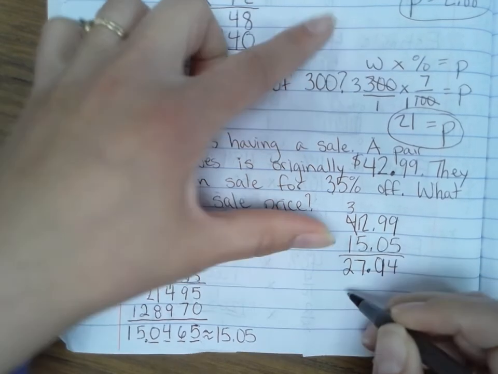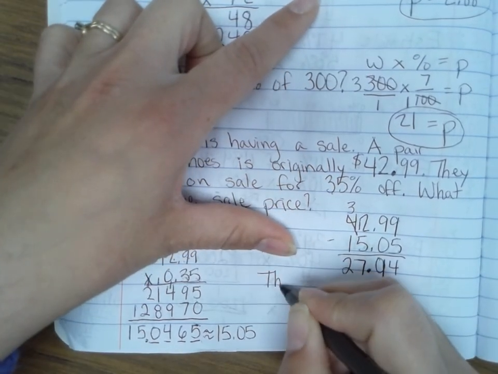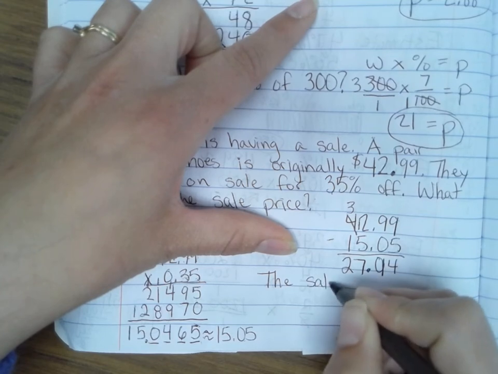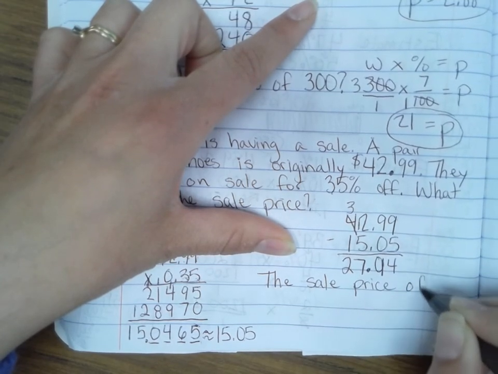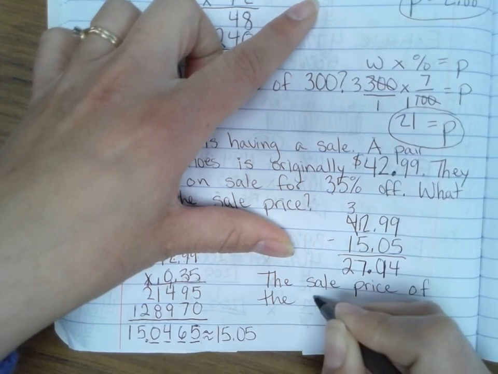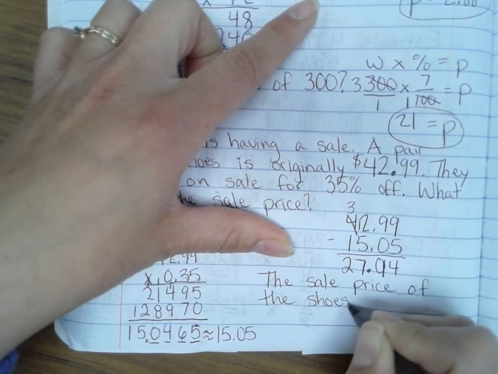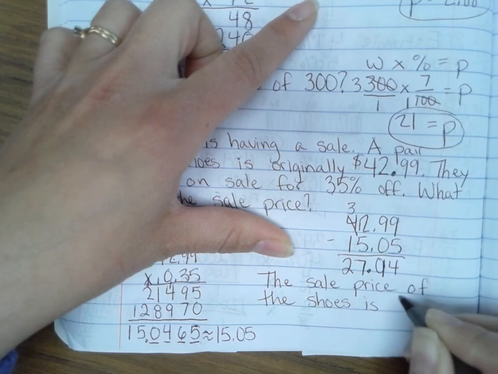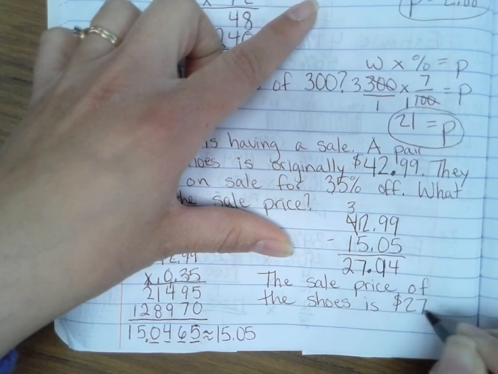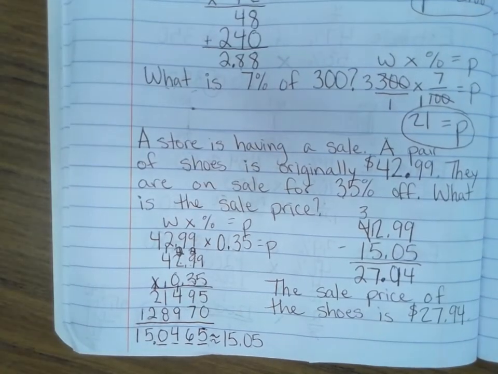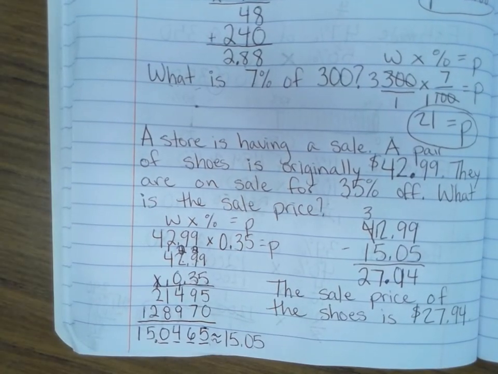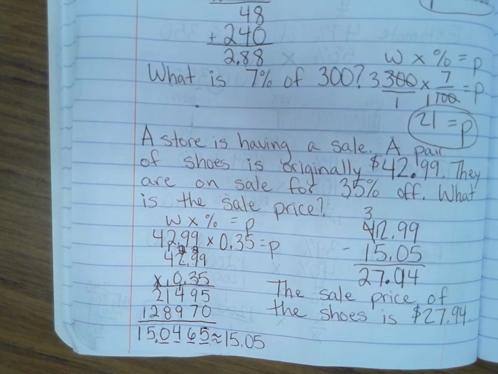So, the sale price of the shoes is $27.94. That's how you can use finding percent of a number in your everyday life.